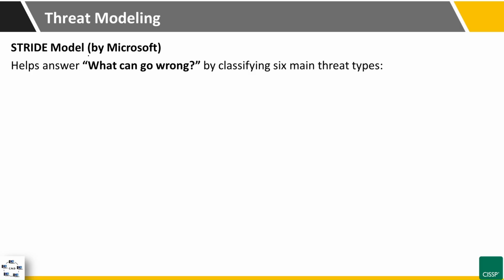STRIDE was developed by Microsoft, and this threat model helps answer what can go wrong by classifying six main threat types. You can see we have six letters in this model name, and each letter points to a specific threat.